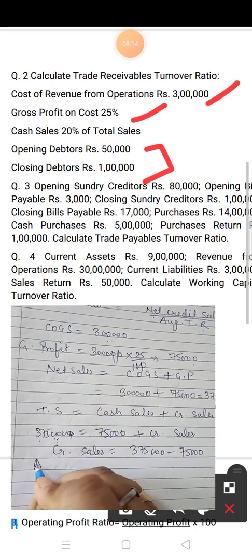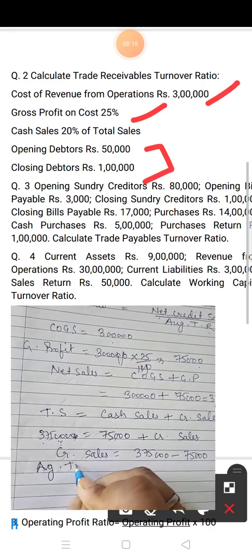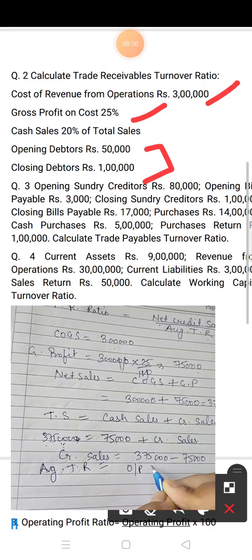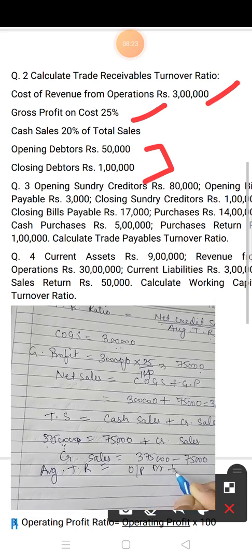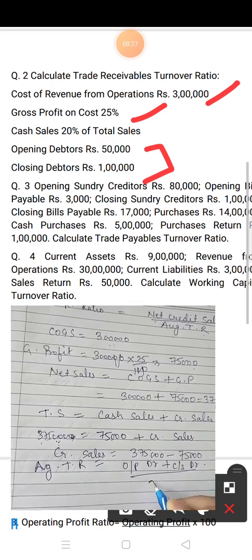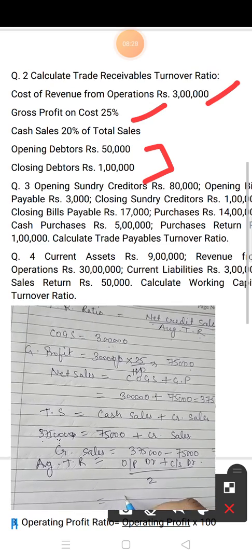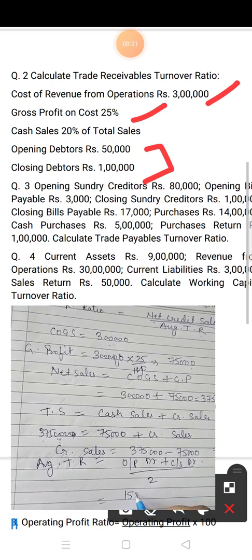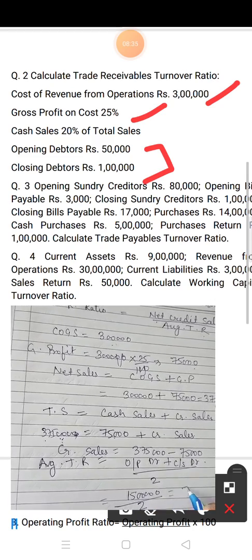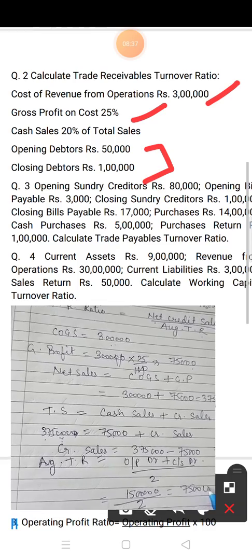Now find out average trade receivable. Average trade receivable means opening debtor plus closing debtor divide by 2. Opening debtor is 50,000, closing debtor is 1 lakh, total is 1,50,000 divided by 2, it is 75,000.